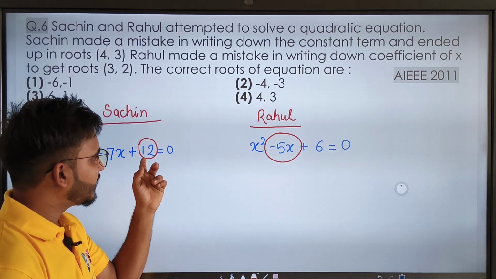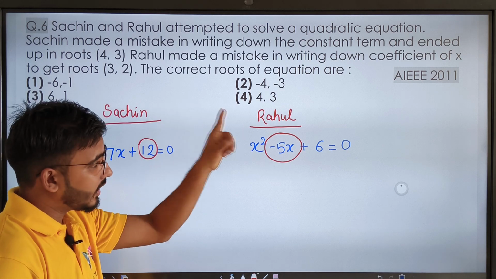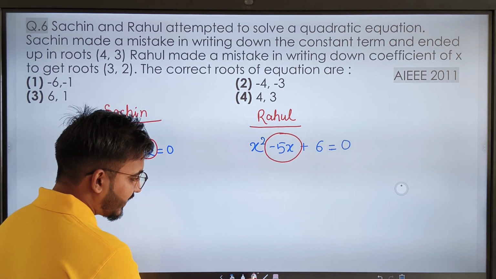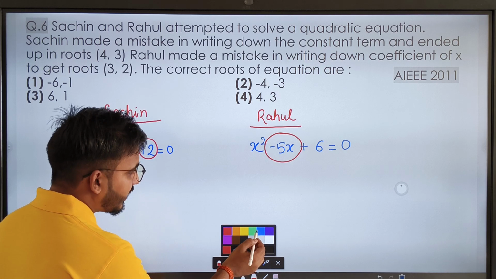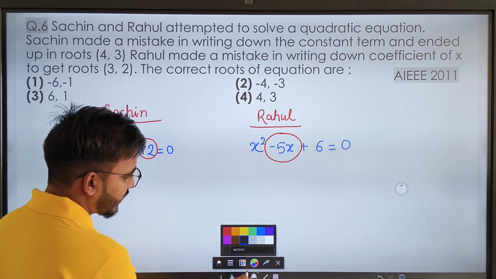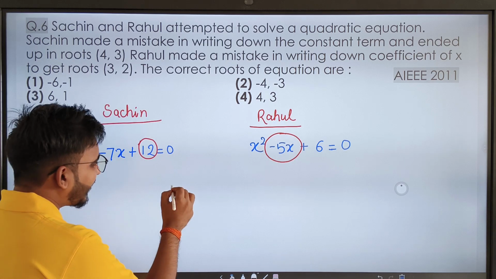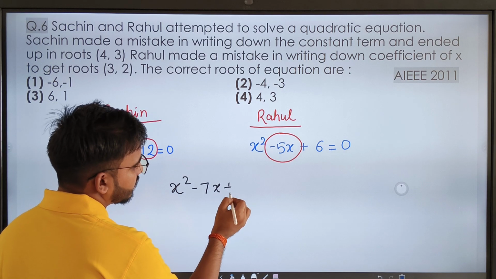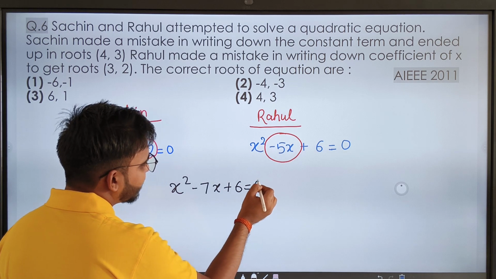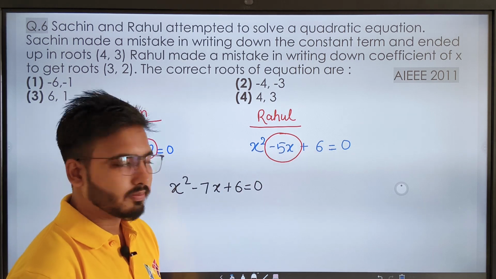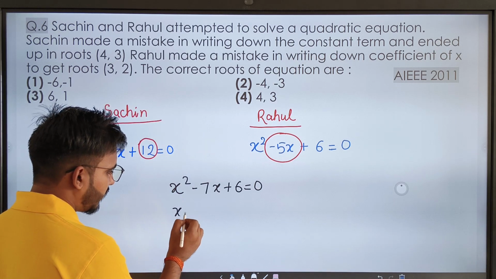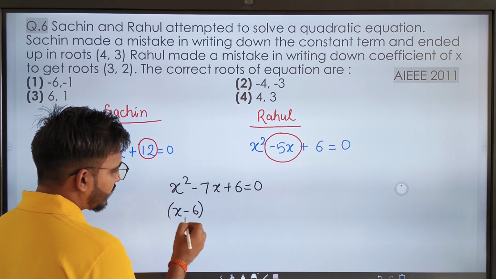So in this equation the constant term is wrong and in this equation the coefficient is wrong, which means our correct equation is going to be x square minus 7x plus 6 equals to 0. So just think about two numbers whose product gives plus 6 and addition gives minus 7. Those two numbers are going to be minus 6 and minus 1.